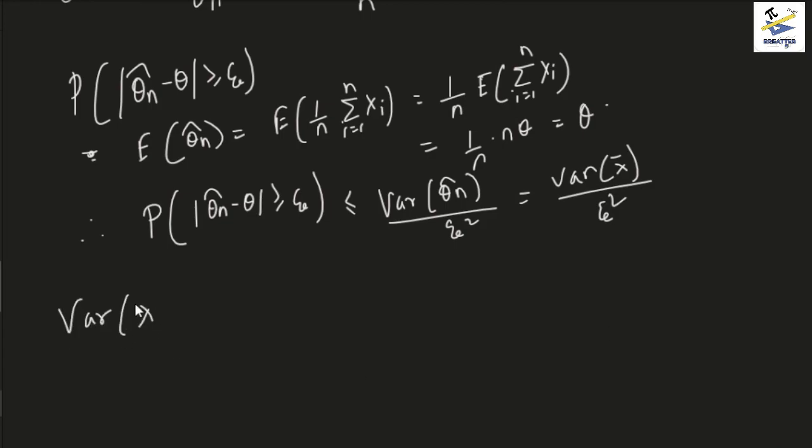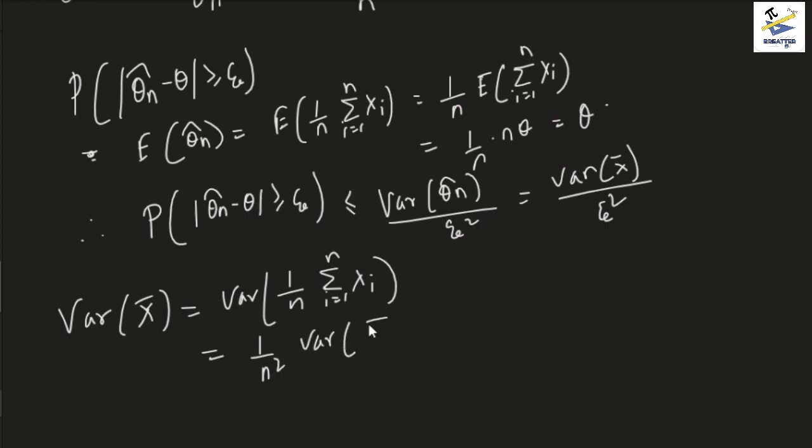It is 1 by n squared variance of summation from i equals 1 to n Xi, and this would be n into sigma squared, so it becomes sigma squared by n.